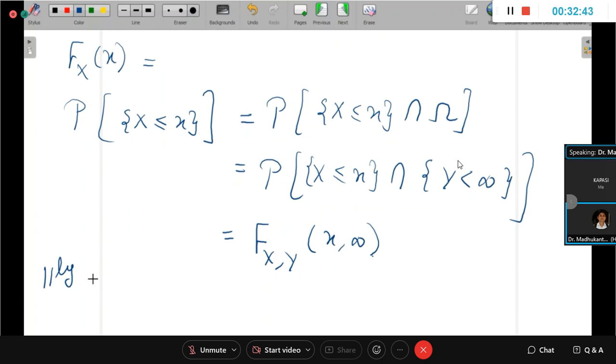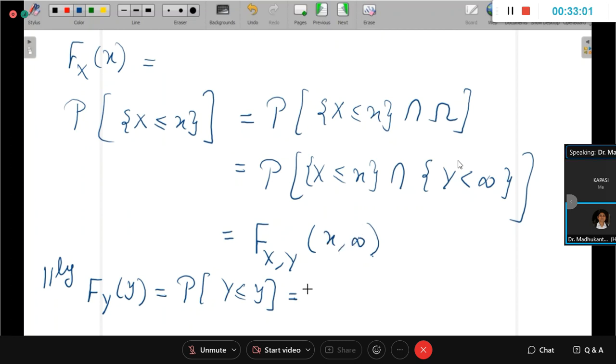joint PDF. Now similarly I can write this Fy of y, which is the probability of y less than or equal to y. Now instead of running the values over y, you can run the values over x.